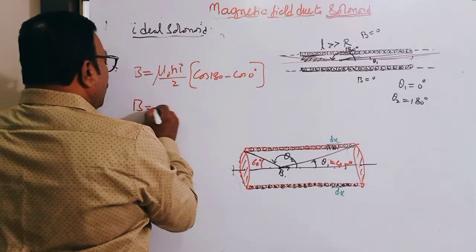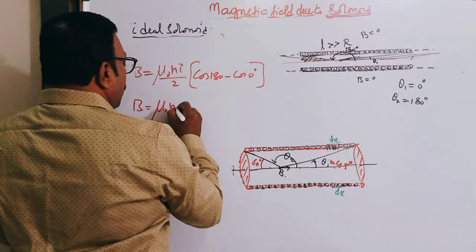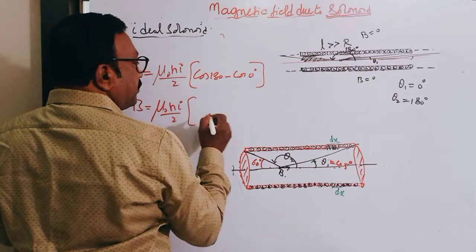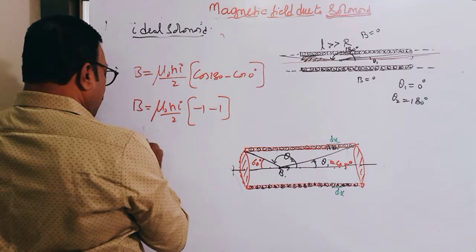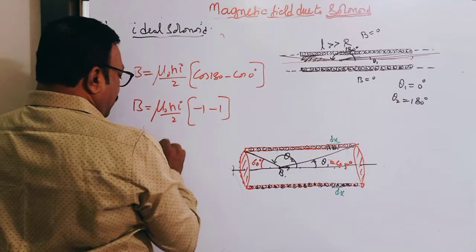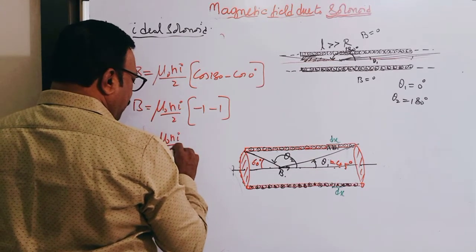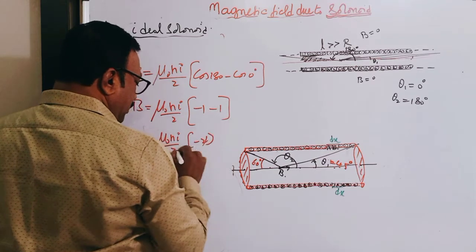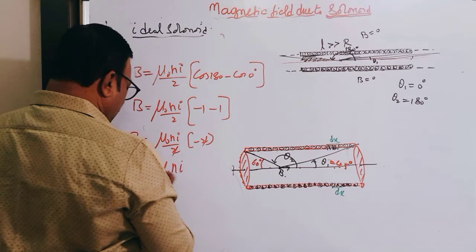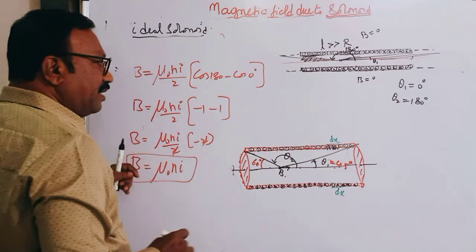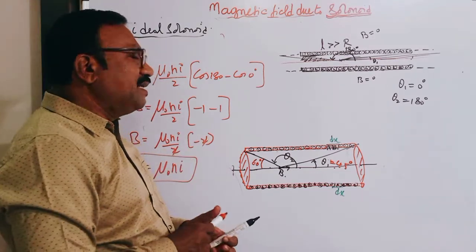Therefore, the magnetic field on the axis of a solenoid is mu naught nI by 2, this is minus 1, this is again minus 1. This is nothing but mu naught nI by 2 into minus 2. Therefore, the magnetic field is equal to mu naught nI, neglecting the minus sign.